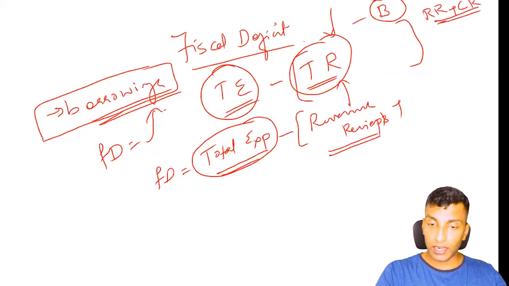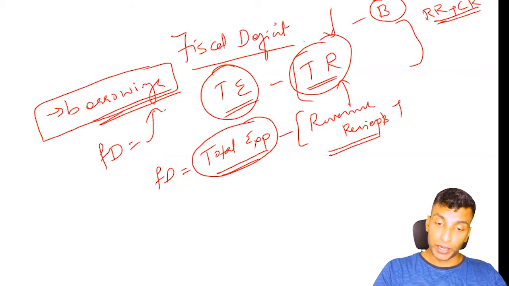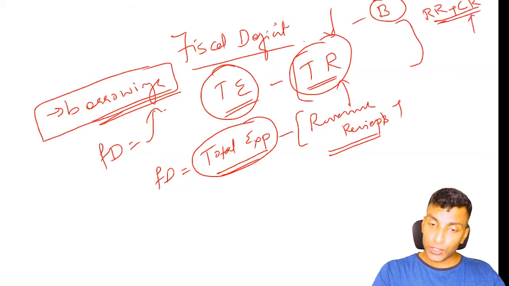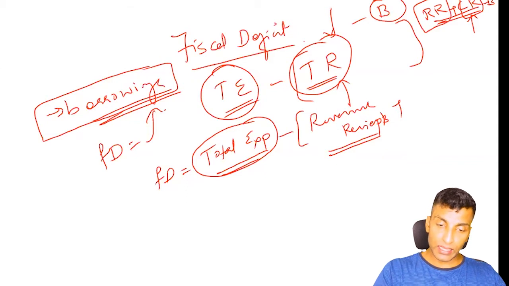But from capital receipts, what do I need to exclude? Borrowing. So can I write revenue receipts completely here? Yes. Then from the capital receipts, what you need to add is the non-debt creating capital receipts. Debt creating capital receipt is actually borrowing.